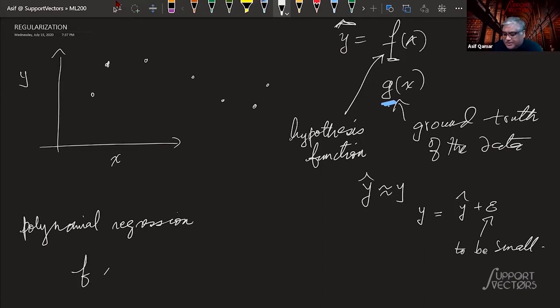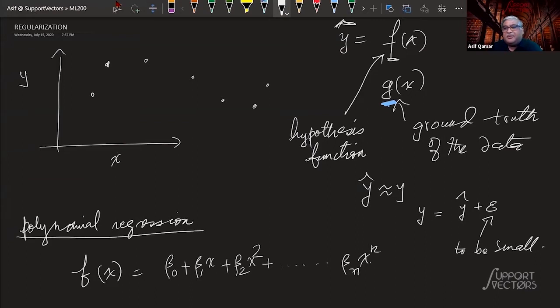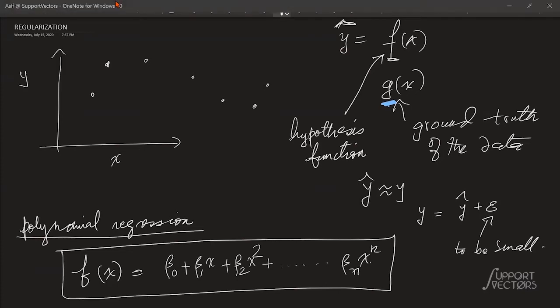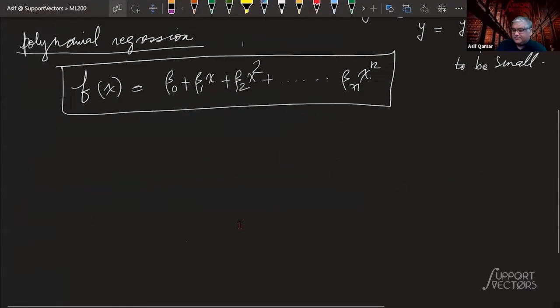Now, if you take the case of polynomial regression, you can write f(x) as beta naught plus beta 1 x plus beta 2 x squared plus, and you can keep going on to beta n x to the power n. Do we remember this, guys? This is your polynomial regression equation, trying to fit the data to this polynomial. Now the question is, what is n?